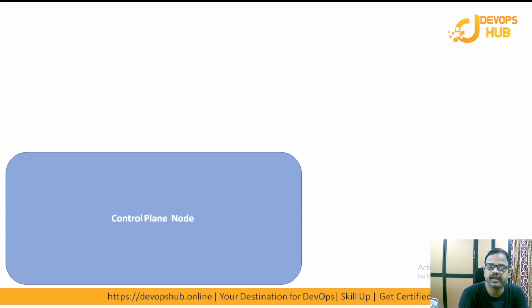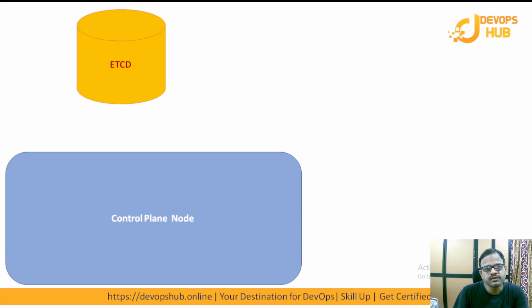The control plane is only going to host Kubernetes control plane components like API server, etcd, scheduler, controller manager. As this is about a snapshot of etcd, and etcd is a static pod running on the control plane node, I have taken this segment.